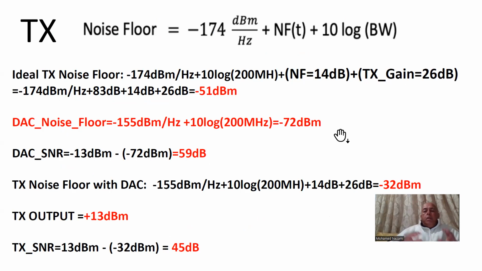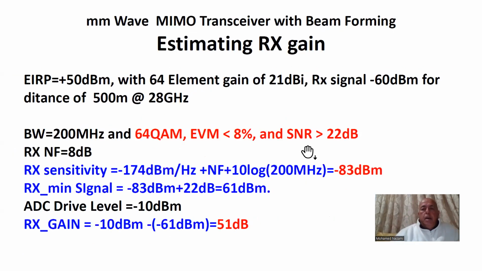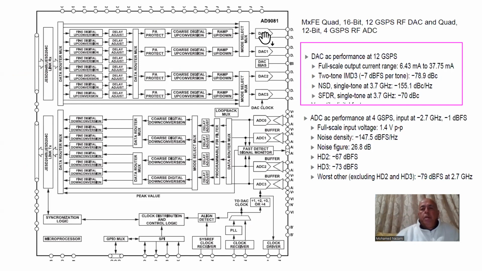Now, let's review what the transmitter noise floor is from the DAC to the antennas. We're starting out from the DAC to the output of the beamformer onto the antenna feed line. We want to trace the noise floor while observing the desired signal levels.